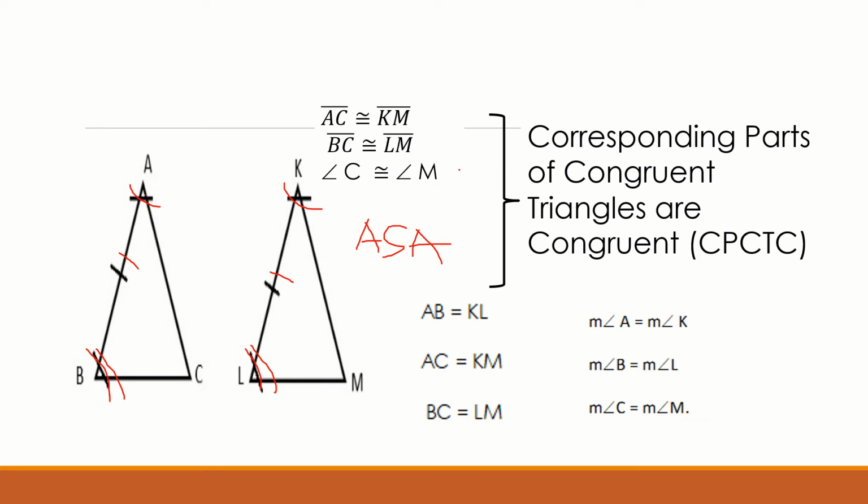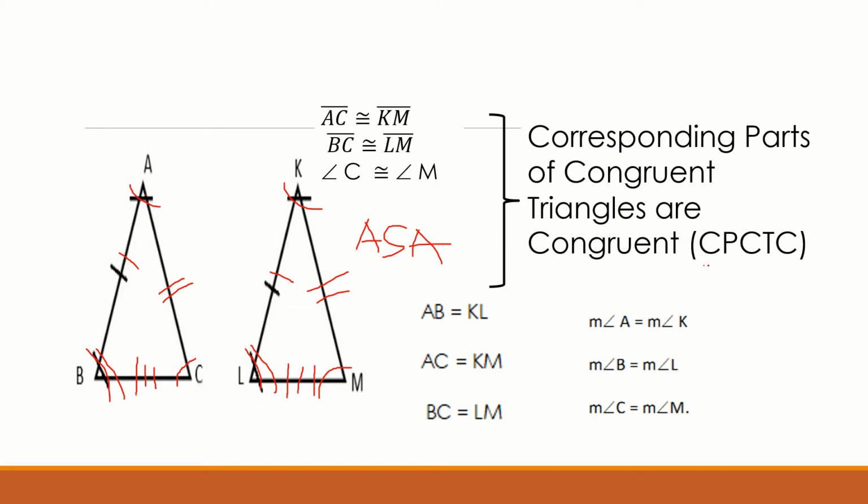Okay, so ano yung mga natitirang parts na congruent dapat? We have angle C is congruent to angle M, and side AC is congruent to side KM, and side BC is congruent to side LM.